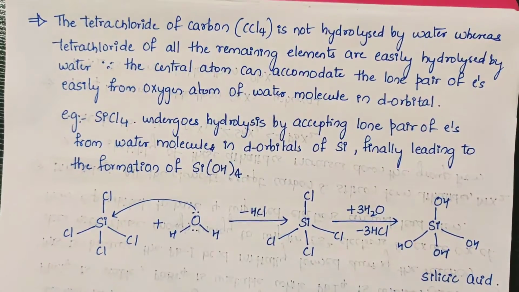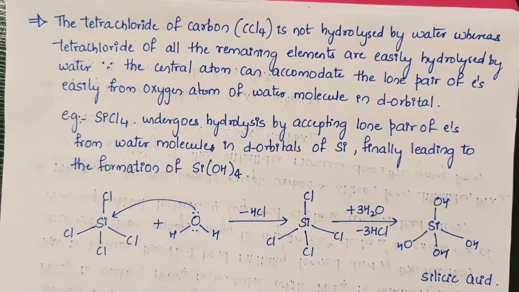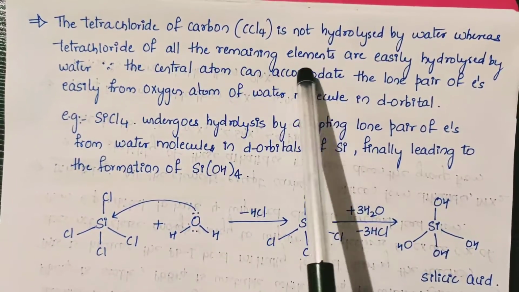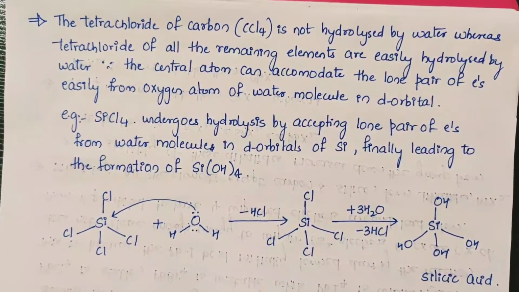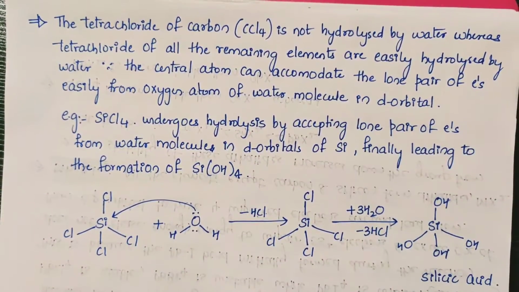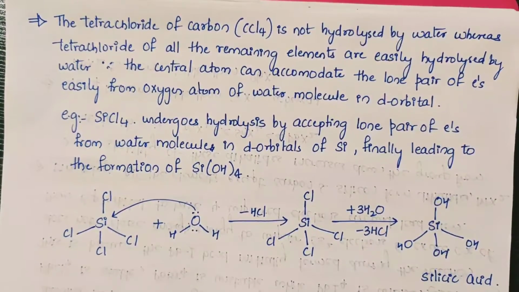The tetrachloride of carbon, that is CCl4, is not hydrolyzed by water, whereas the tetrachlorides of all the remaining elements are easily hydrolyzed by water. The reason is that the central atom can accommodate the lone pair of electrons from the oxygen atom of the water molecule in its d orbital.